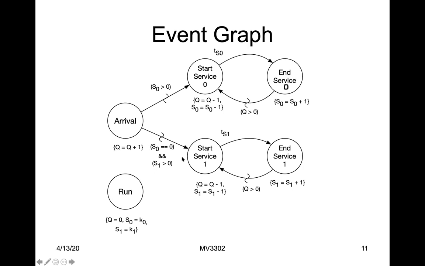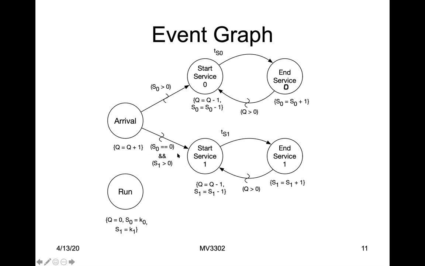Okay, that's this Boolean condition. As you can see, it has 2 parts, and a Boolean expression can be as simple or as complicated as you like. So far, we've only seen simple ones like S0 bigger than 0 or Q bigger than 0. But this is definitely not only a possibility, but in this case, a necessary one.